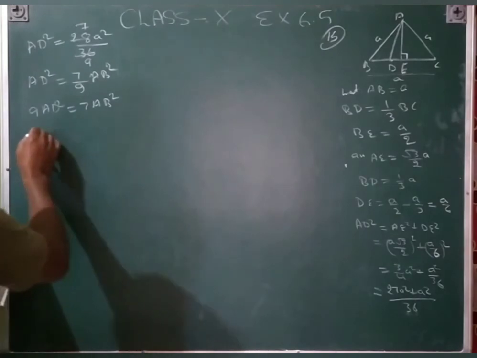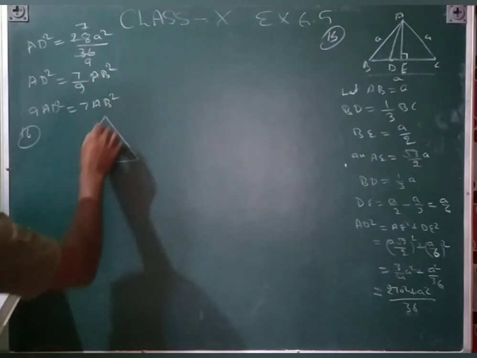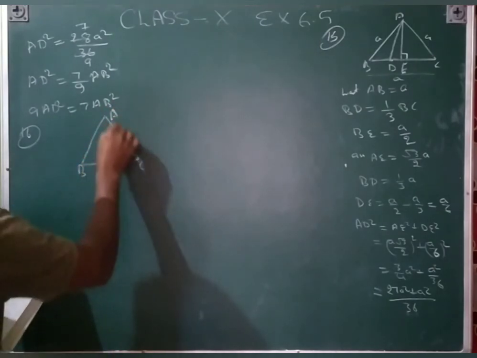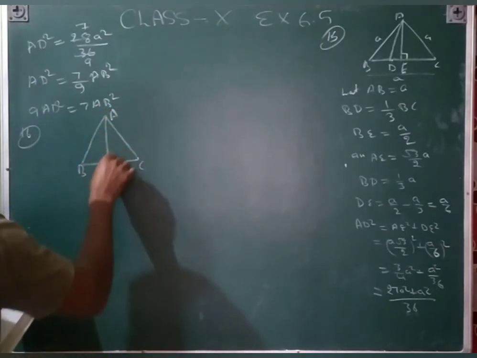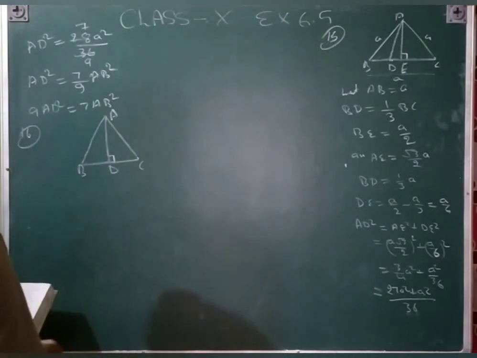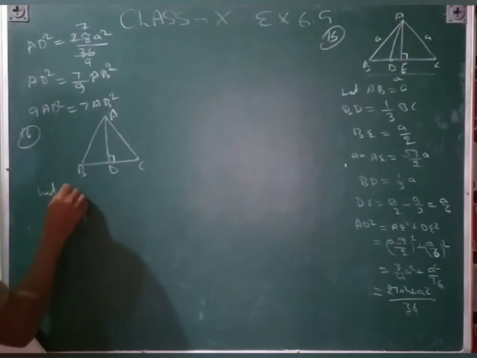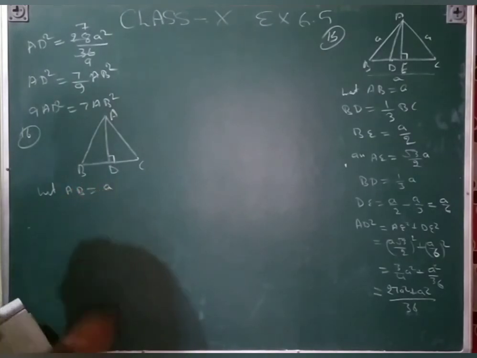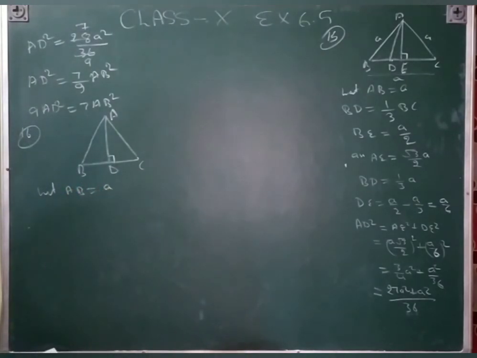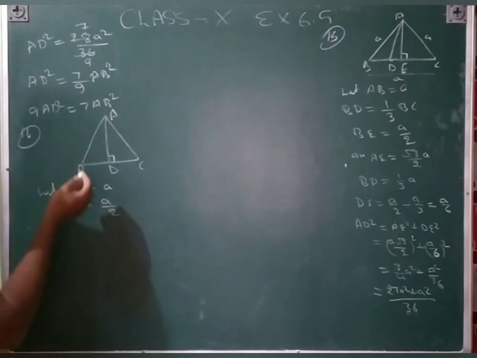For the 16th question, first of all we draw the equilateral triangle ABC, and then the point D. Suppose AB is equal to A. Then BD is equal to A upon 2, that will be half, by the equilateral triangle.